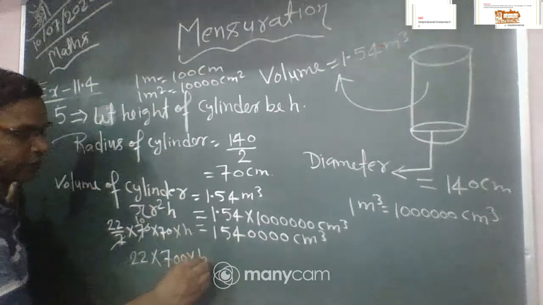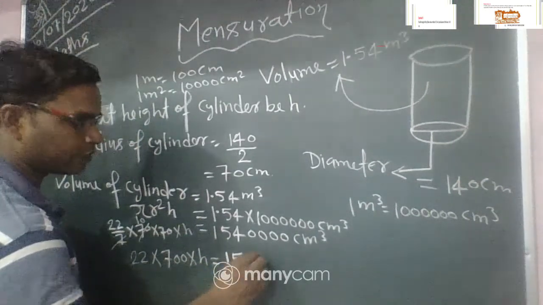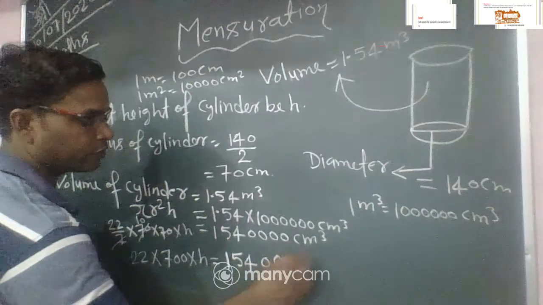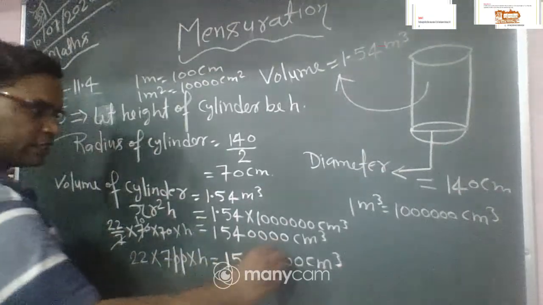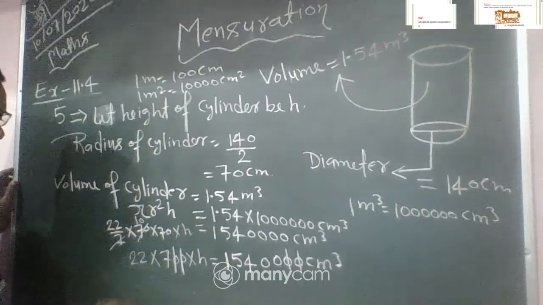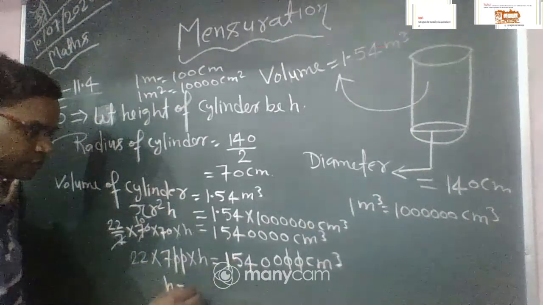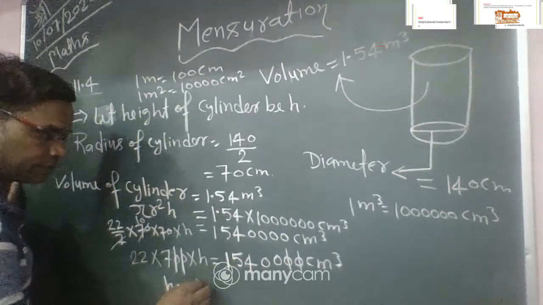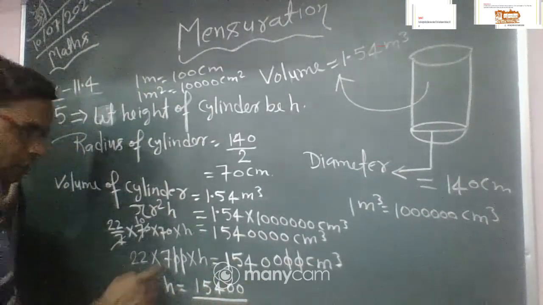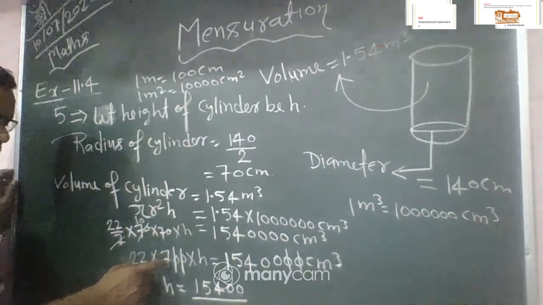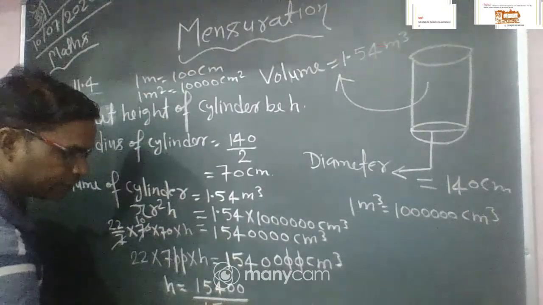Okay, so you can find here 22 into 10 into 70, into h. This is equal to this, centimeter cube. Okay, so the zeros you can cancel here. So you obtain here that this is height, and this is equal to 15,400 divided by, you multiply this, 22 into 7, you obtain 154.